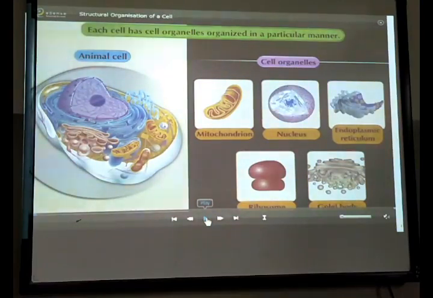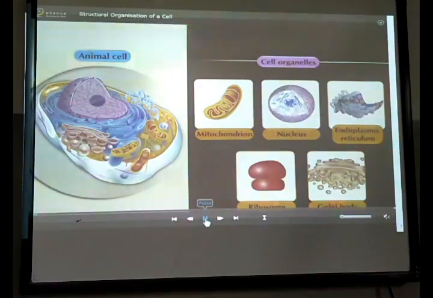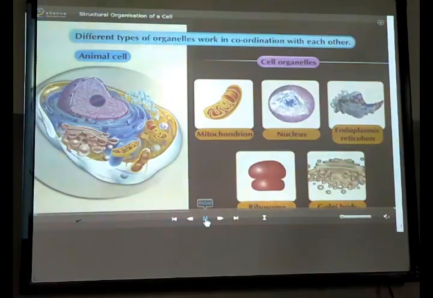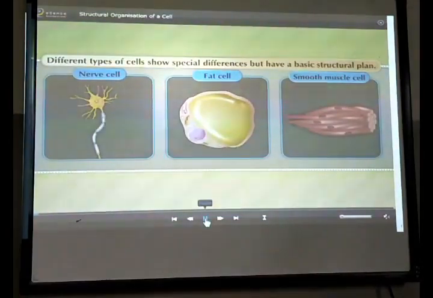See mitochondria, nucleus, endoplasmic reticulum, ribosome, and Golgi body. These are the cell organelles. All these cell organelles are in the cell only, and they have their different functions, and different types of cells have different basic structures also.